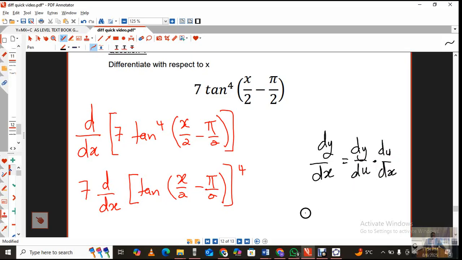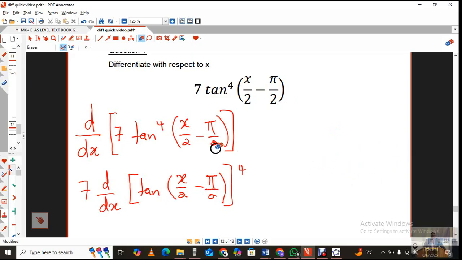That's what we are going to use when we are using the chain rule. Right, so I'm going to bring in a u substitution. It could be t, it doesn't matter. I'm going to say let u equal tan of x over 2 minus pi over 6.